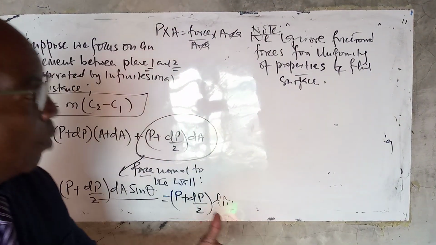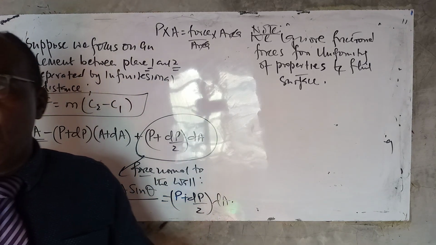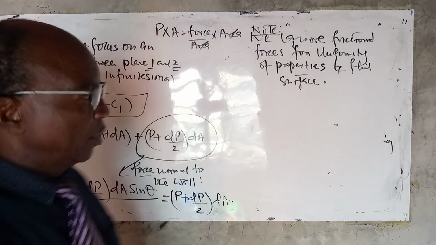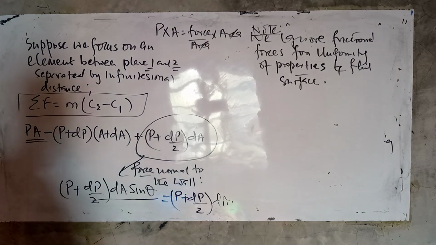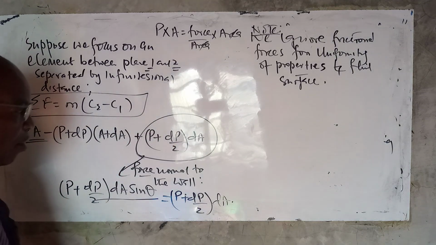Otherwise, it will be non-uniform, and our approximation for one-dimensional steady flow will be flawed. So we ignore those frictional forces.